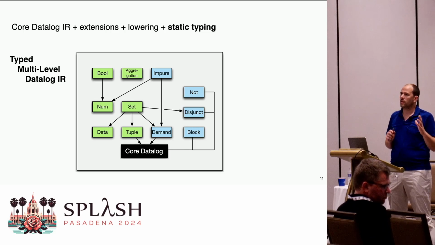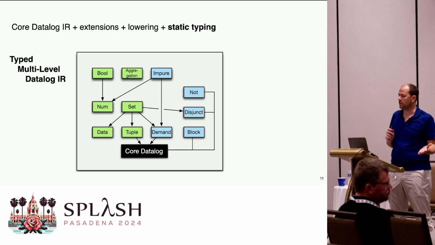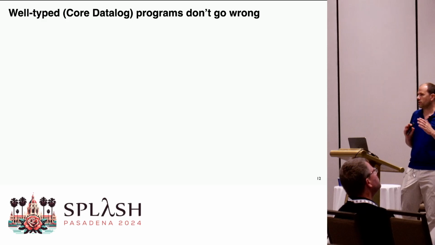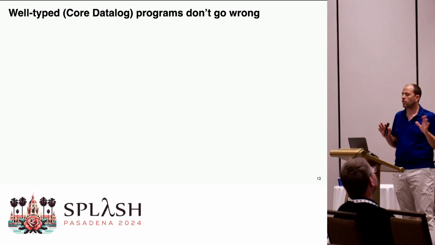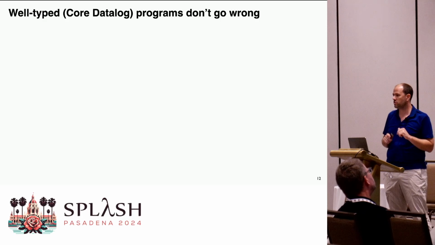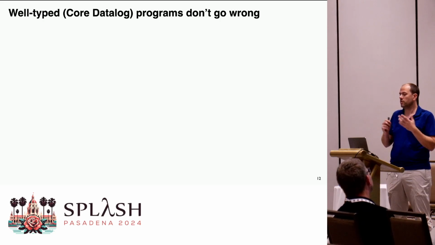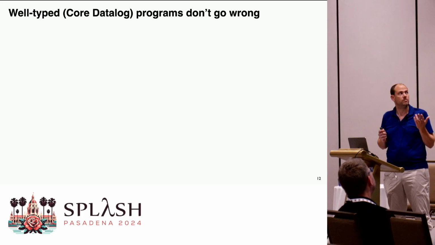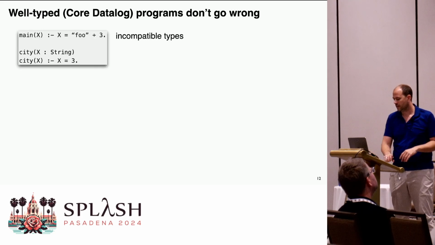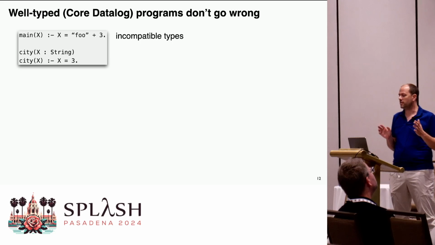So let's look at what kind of type system we need for Datalog. We're going to start with core Datalog. Well-typed core Datalog programs are not supposed to go wrong. So what can go wrong? Well, first we have what you expect. We have type compatibility issues.